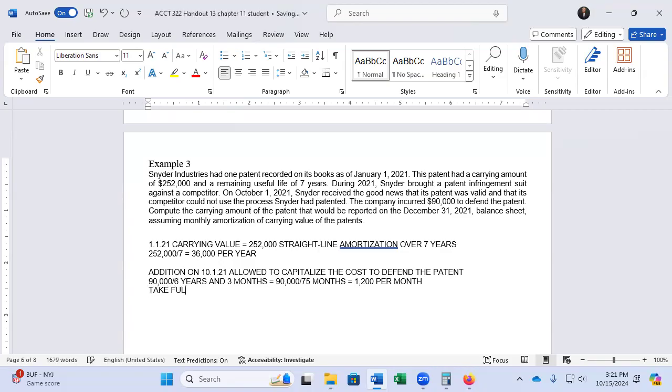So we take full year amortization, 36,000. We add 3 multiplied by 1,200 for the 90,000, and we end up with 39,600.